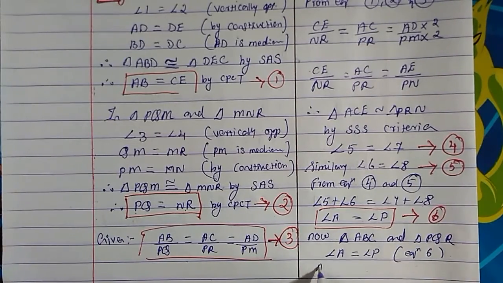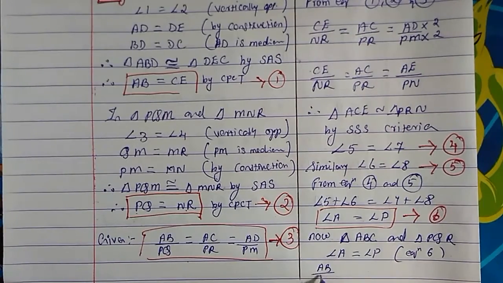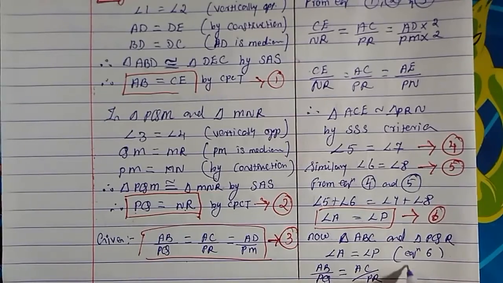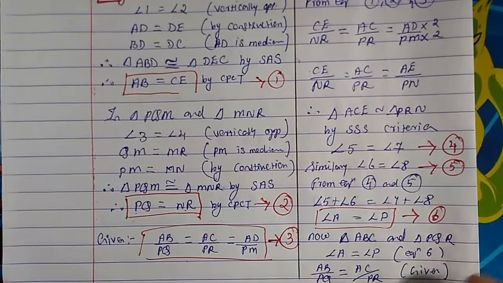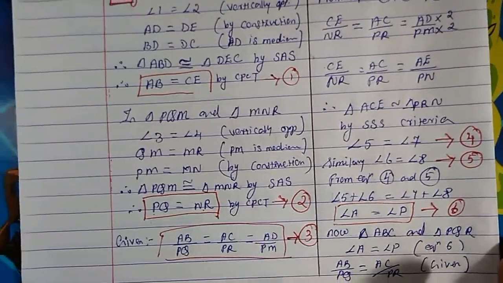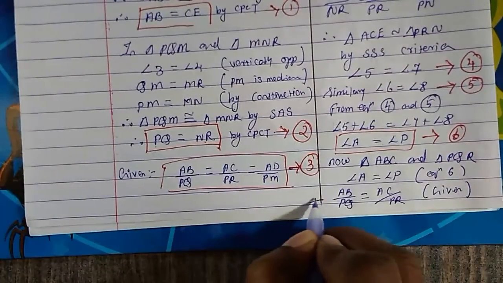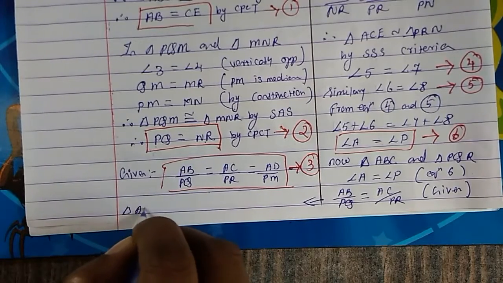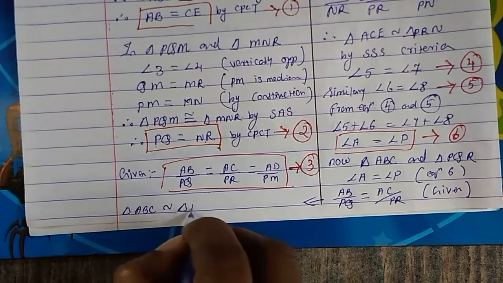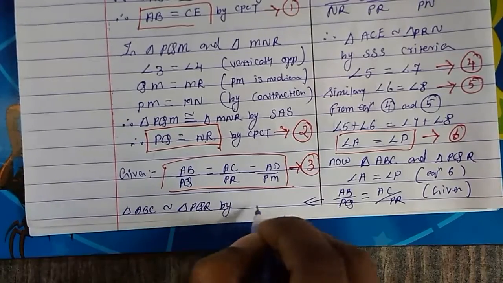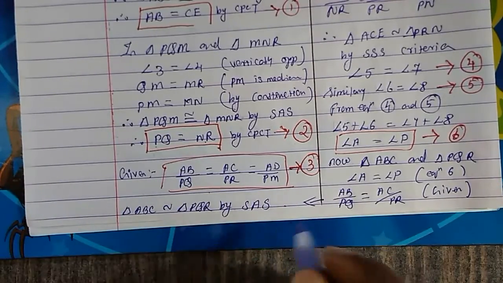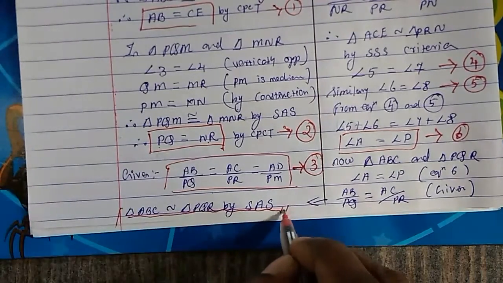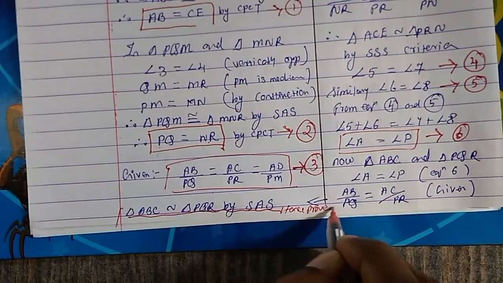And AB upon PQ is equal to AC upon PR, this is given to us. So what criteria do we have? Side angle side. So triangle ABC is similar to triangle PQR by side angle side. Okay, this is our answer, hence proved.